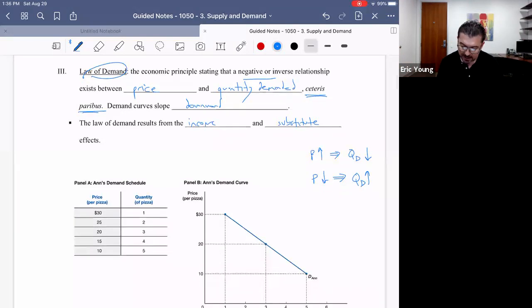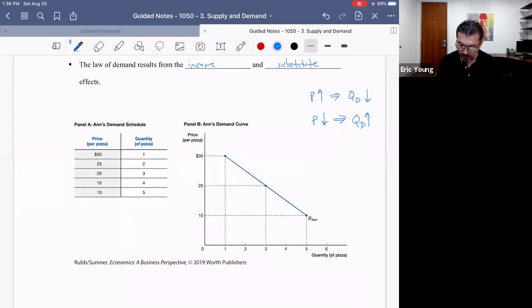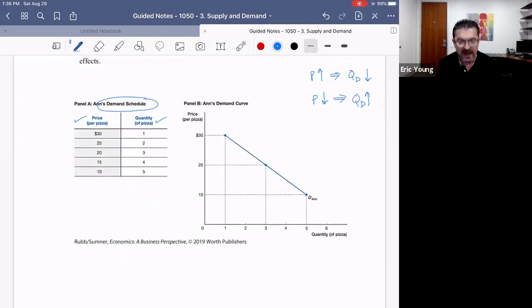We can express that law of demand through symbols. We can also express that law of demand through what we call a demand schedule. A demand schedule is simply a table that indicates prices and the associated amounts that you will buy at that price. So in this demand schedule here, panel A, we see that at a price of $30, Ann would desire to buy one pizza.